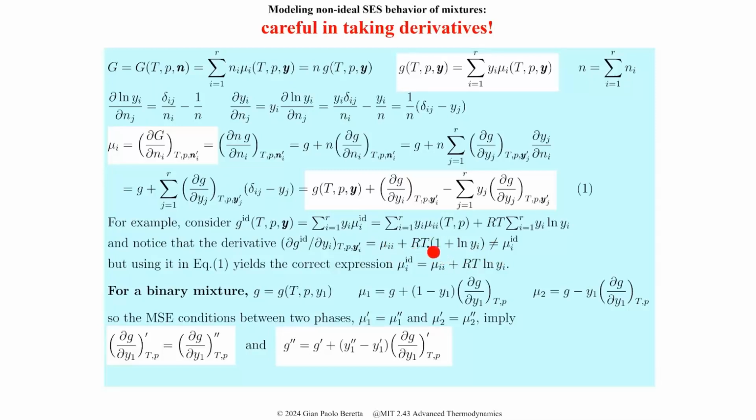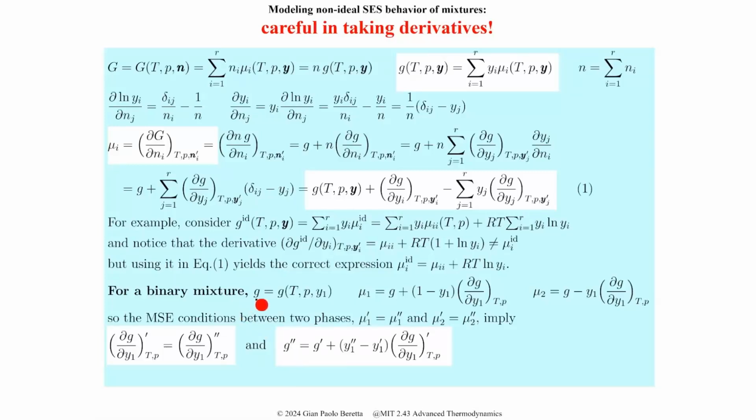So there is an RT term, which makes it different from the ideal chemical potential. But if you put this expression into here, then you get the proper expression for the chemical potential.